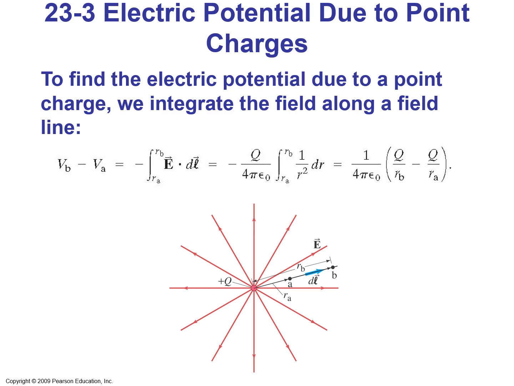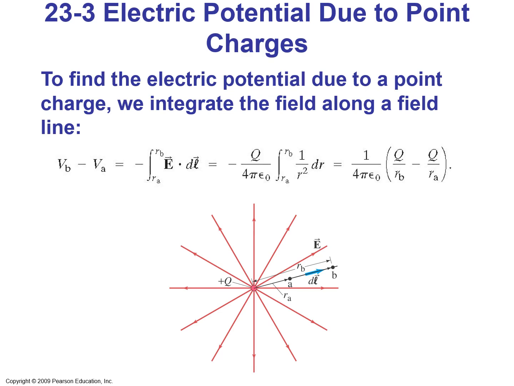Section 3. Electric potential due to point charges. To find electric potential due to a point charge, we integrate the field along a field line. VB minus VA equals minus the integral from RA to RB of E dot dl.